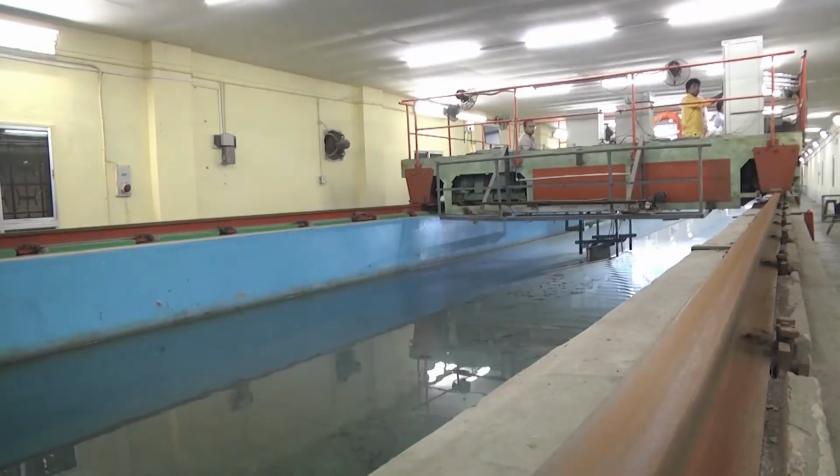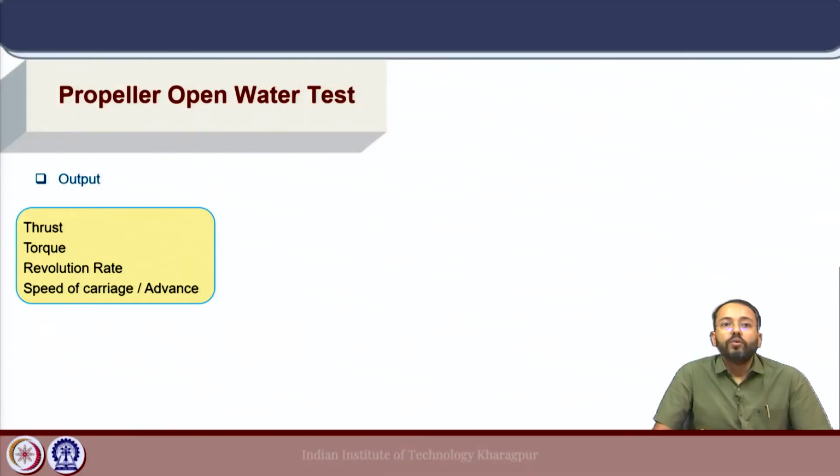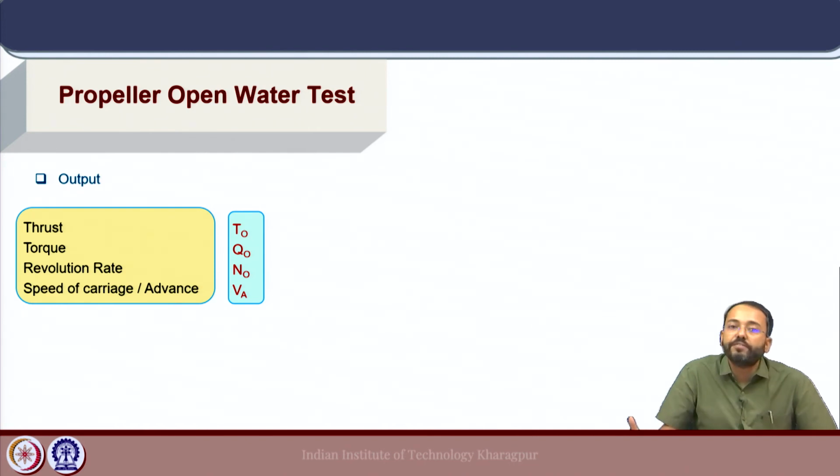Finally, for each case we will compute the thrust and torque coefficient from the measured value of thrust and torque from the dynamometer, and then plot the open water diagram. So, the output from the open water tests are the thrust and torque of the propeller as a function of the propeller revolution rate and the speed of the carriage, which is equal to the speed of advance here, because we do not have any ship.